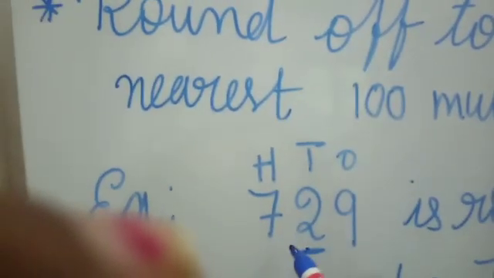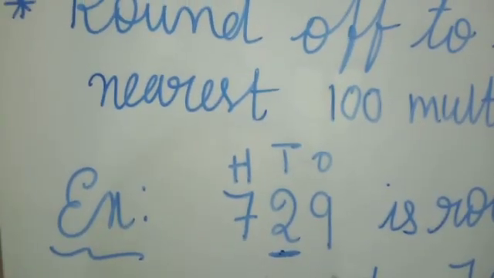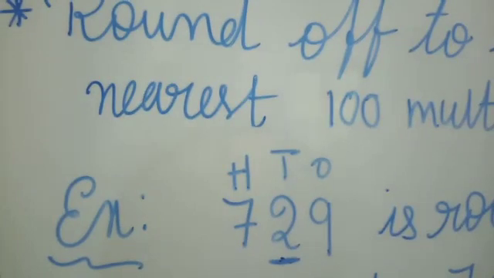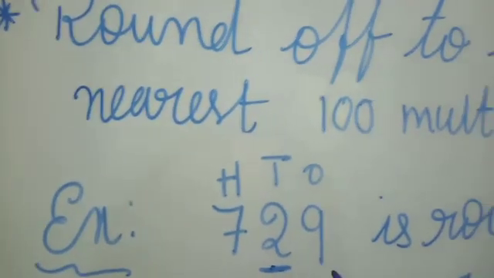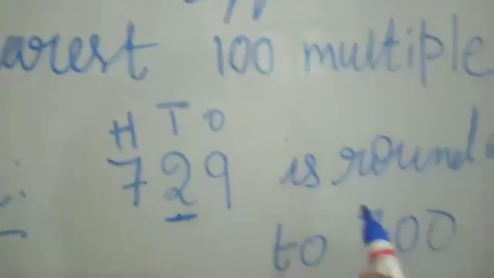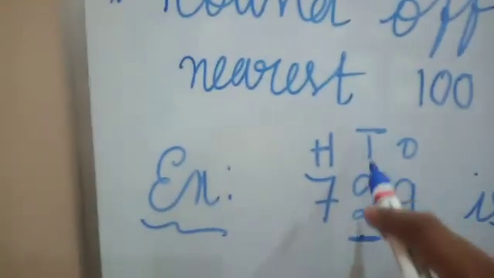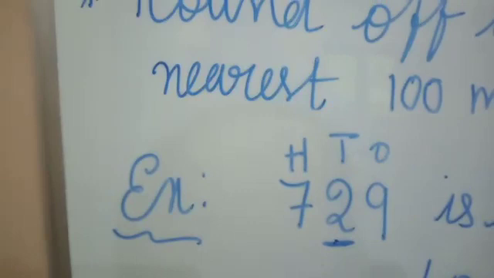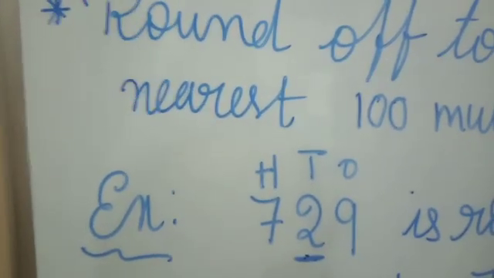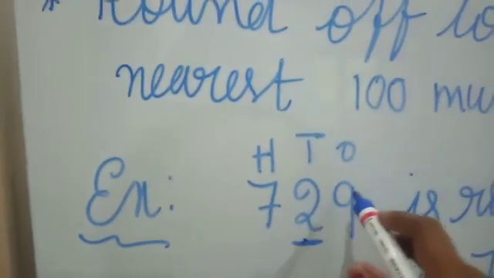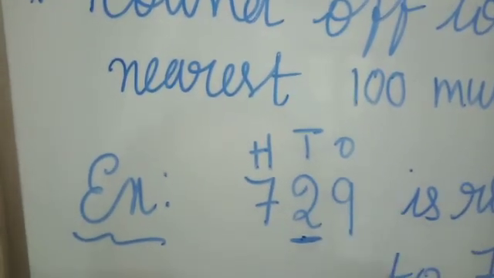Now here, for example, 729 is there. It is a 3-digit number: ones, tens, hundreds. 729 is rounded off to 700 because in the tens place 2 is there. In rounding off to the tens, we read the rules: if in the ones place 1, 2, 3, 4 are there, we should round off the number to its nearest lesser 10.